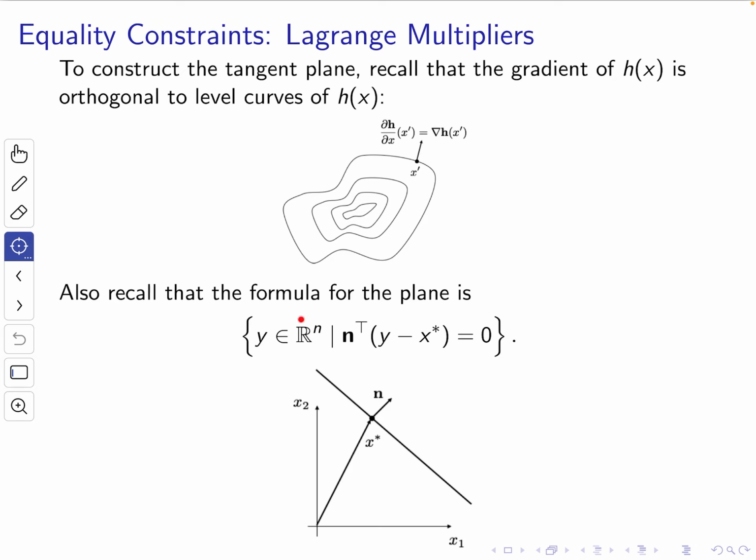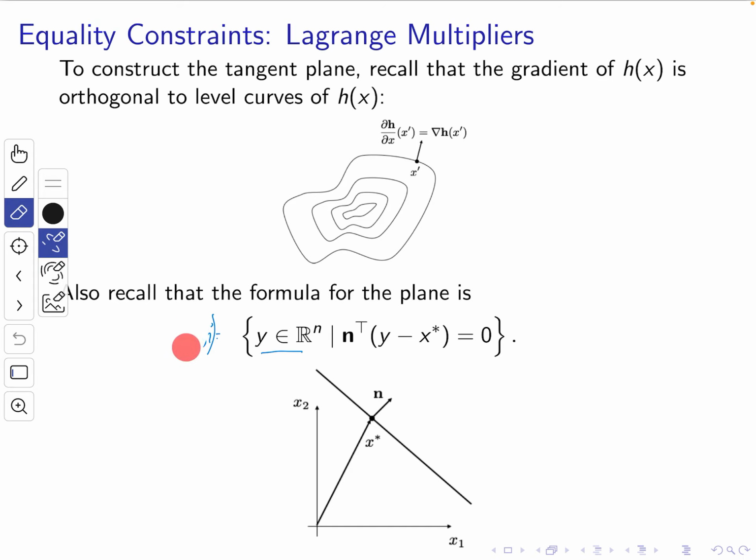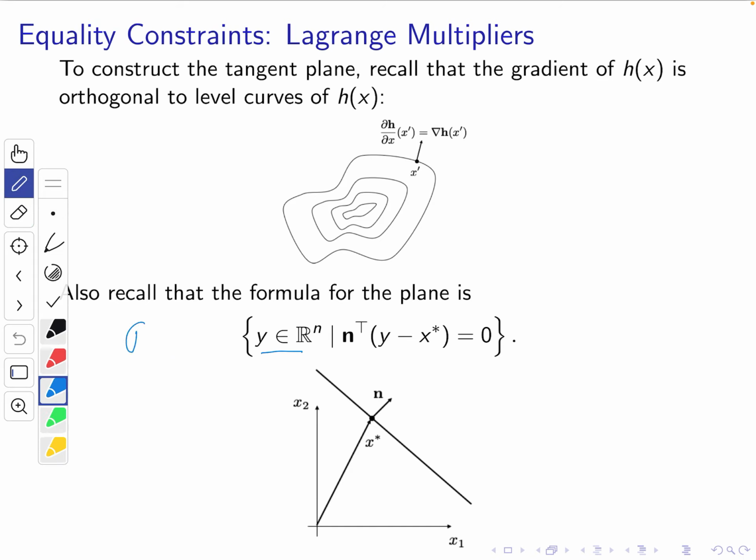So remember, what's the formula for a plane? A plane at x star is parameterized by this n vector. It's going to be equal to this set of all the y's.